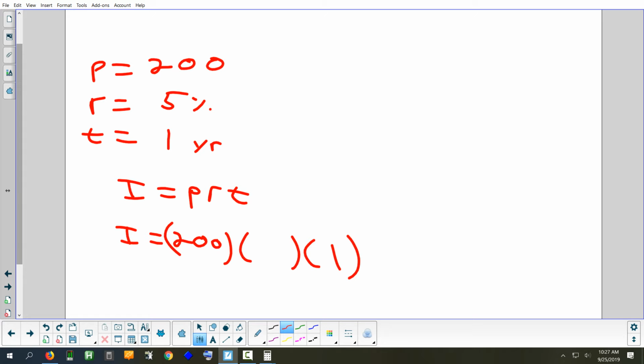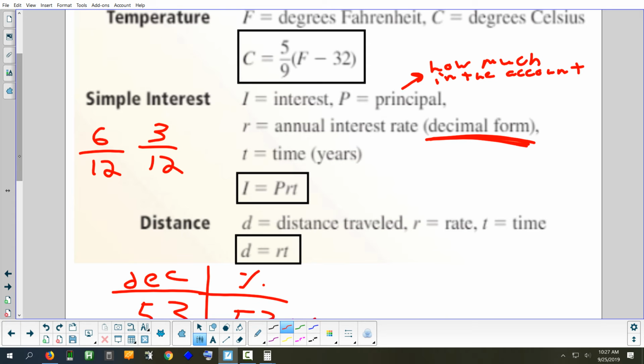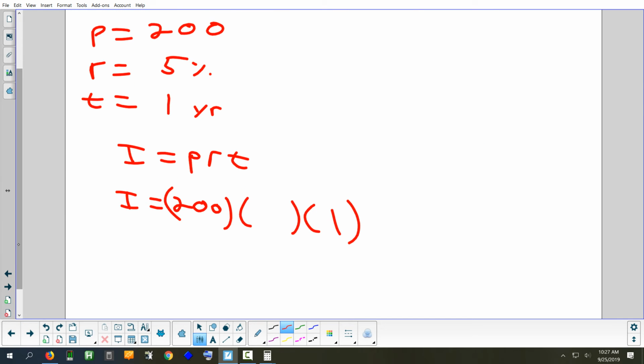What does R have to be in this formula? A decimal or a percent? Go back and read it. Anytime you use this formula, it always gives you the rate as a decimal. So what would you put in those parentheses right there?